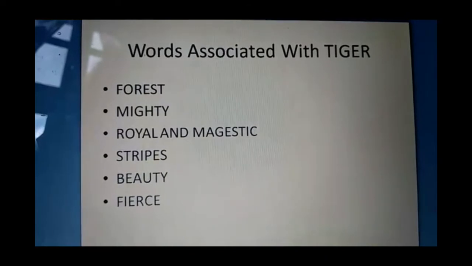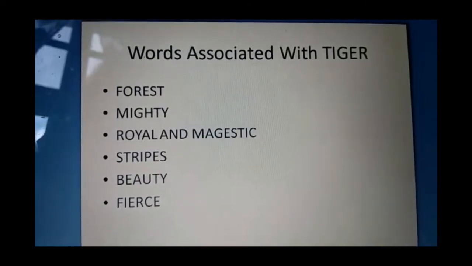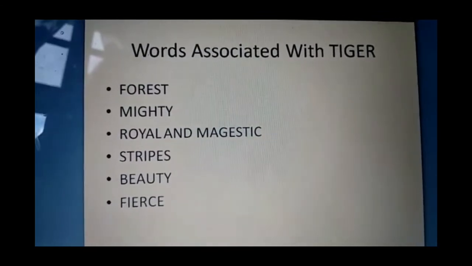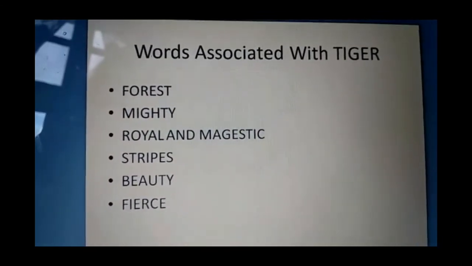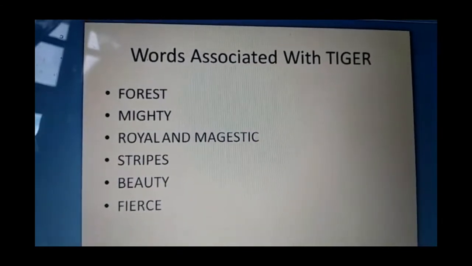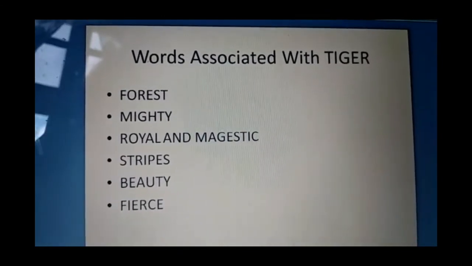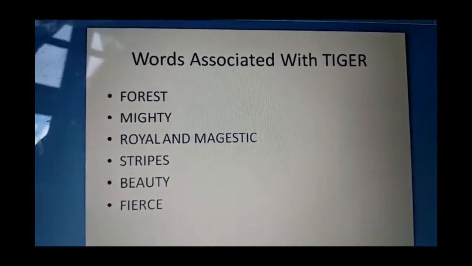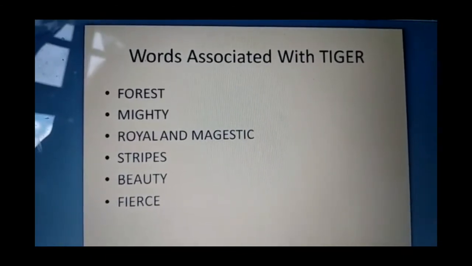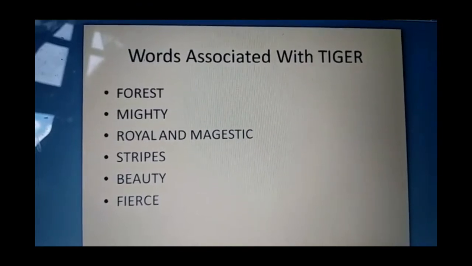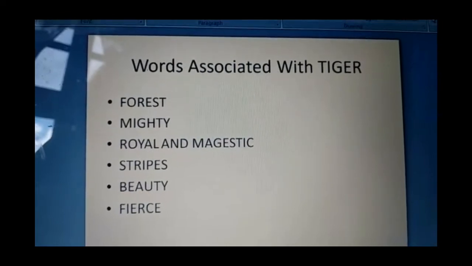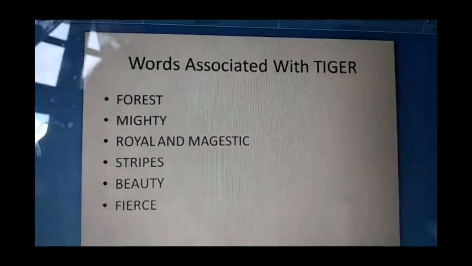Now, before we really go into the poem, let us find some words associated with tiger. When I talk to you about tiger, what are the first words that come to your mind? Yes, definitely, a tiger is associated with forest or grassland. Yes, he is majestic.